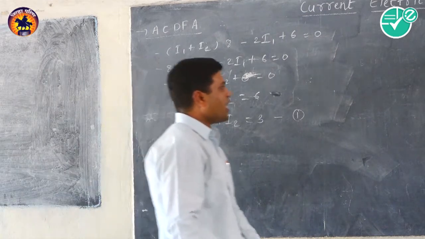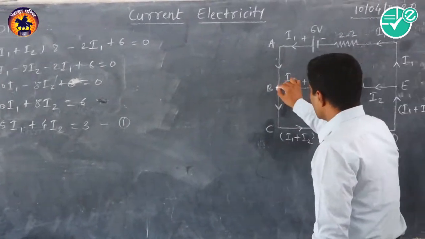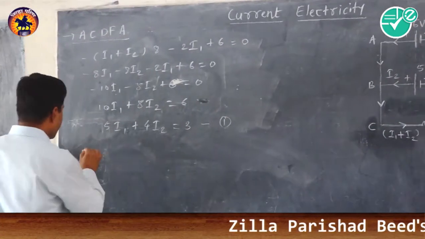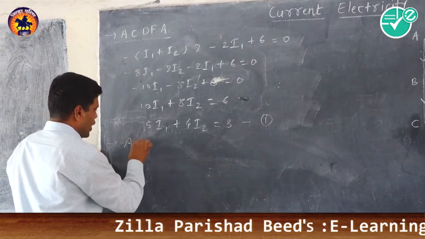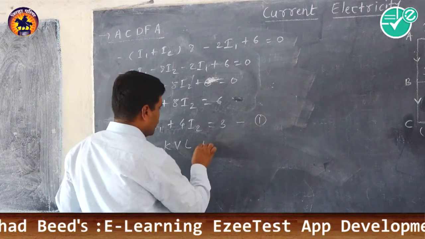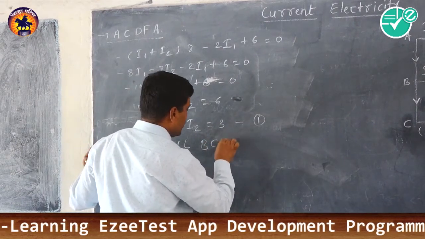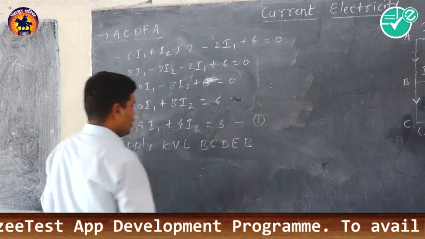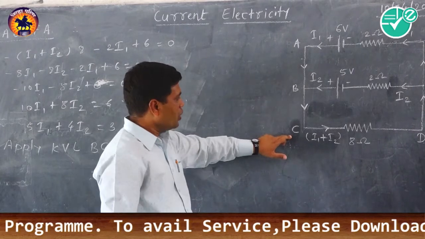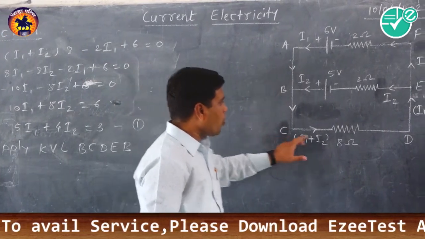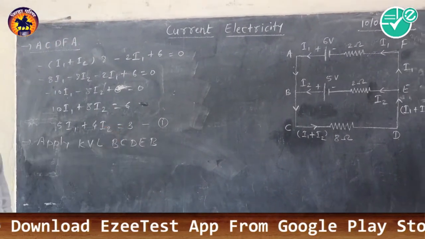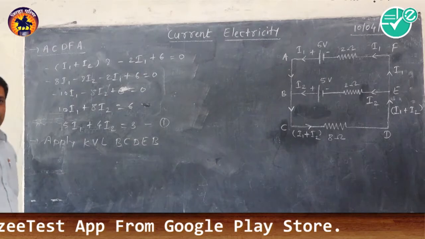Now, in the second case, we apply Kirchhoff's voltage law to the loop B, C, D, E, and B. As we move from B to C, there is no component. After that, as we move from C to D, we have a current I1 plus I2 and a resistance of 8 ohm. The current is flowing in the same direction as the loop.